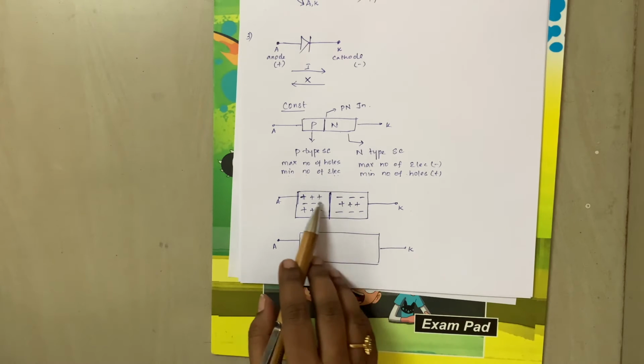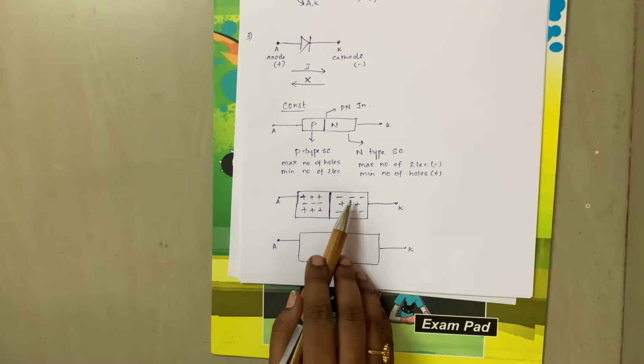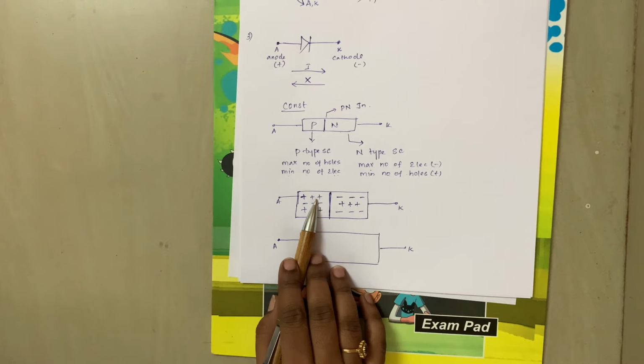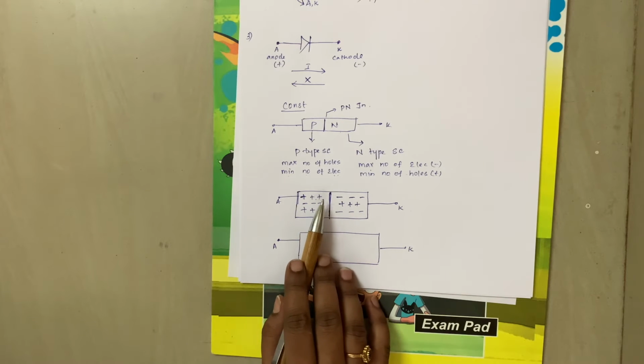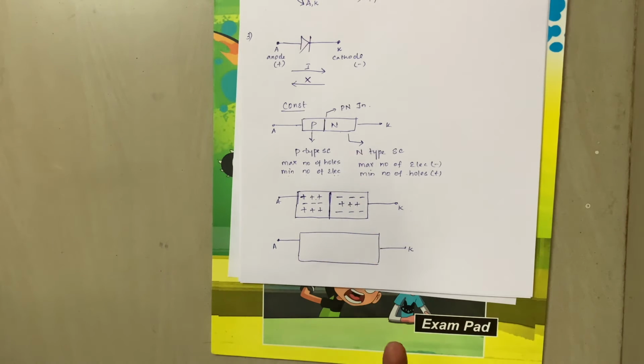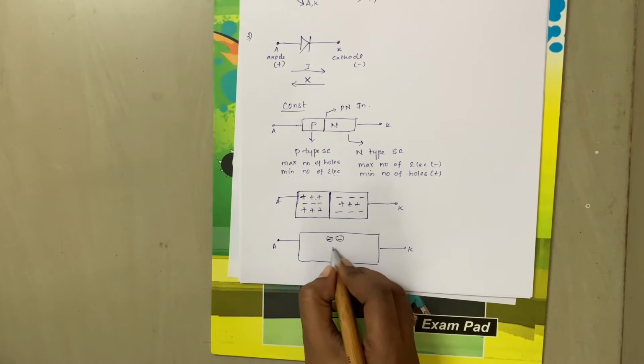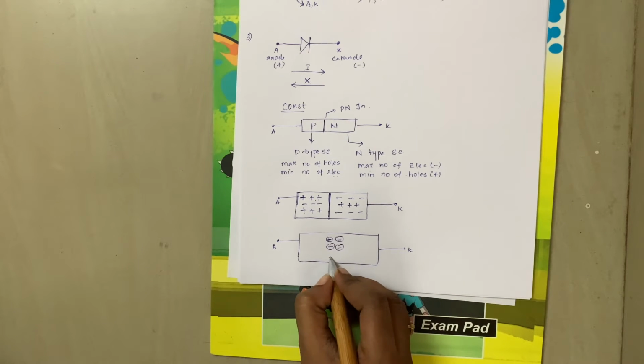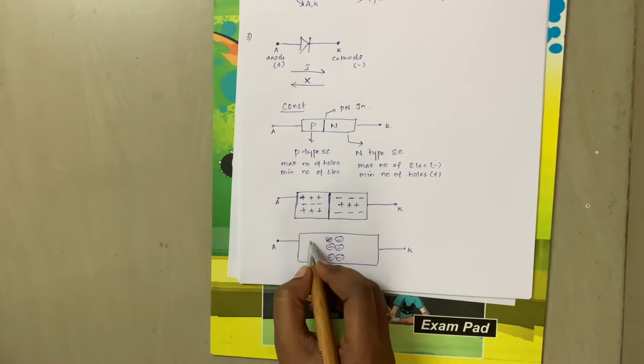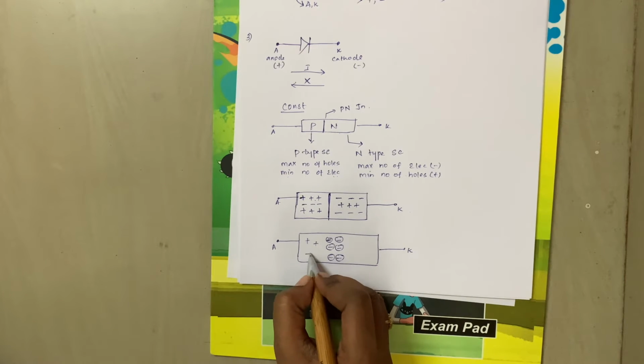Since opposite poles attract each other, electrons move towards the p-type and holes from the p-type move towards the n-type. So they both recombine at the junction. I'll just mention it this way: the recombination of electrons and holes at the junction.